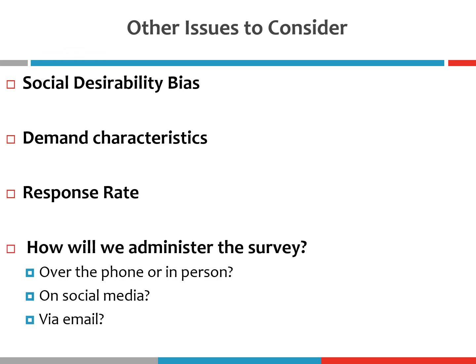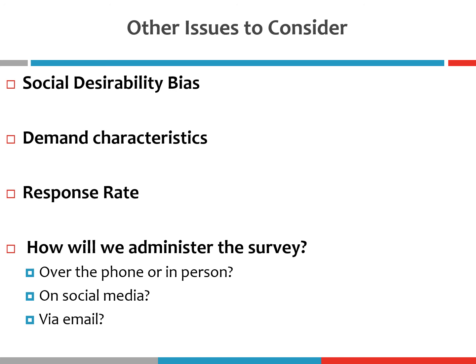So one of the things we have to consider is, how are we going to administer the survey? Are we going to do it over the phone or in person, on social media, via email, okay, to get the highest response rate?